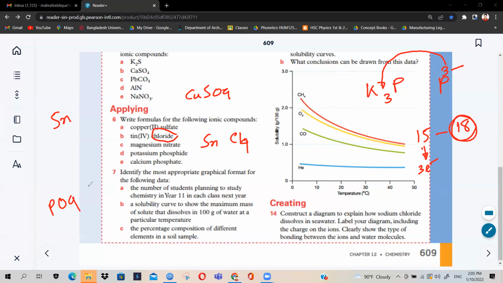It won't work for all the composite ions, but in some cases you will get the idea. Like four oxygens, that means 4 multiplied by -2. What do we get? -8. In case of phosphorus, we get +5. So what will be the net charge? Net charge will be -3.